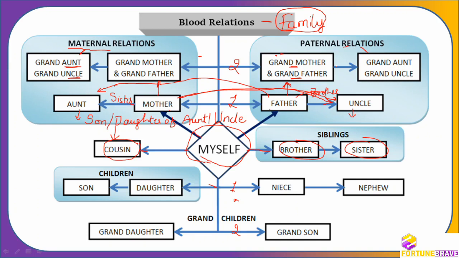And grand uncle is your grandfather or grandmother's brother. Okay, note it down. Is that clear? So grandmother and father can be paternal or maternal. Grand uncle and aunt can be paternal or maternal.